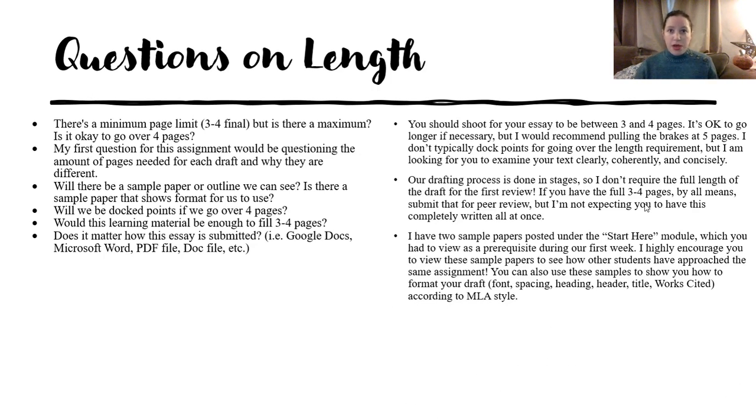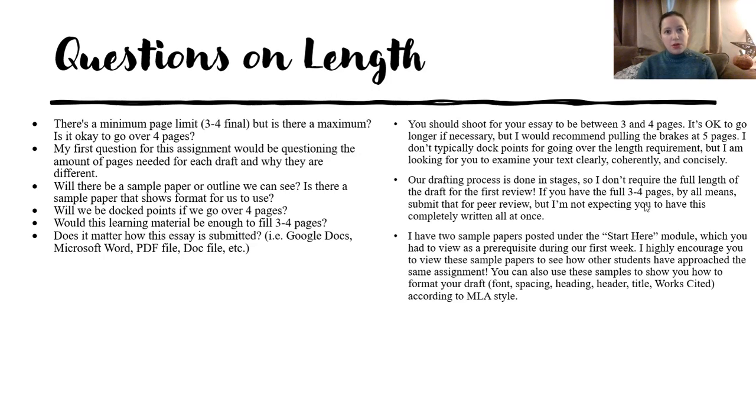And I do have our class set up to write in stages. So that means that your first rough draft, you only have to have 1 to 2, maybe 3 pages for that particular peer review assignment that's upcoming. By the second peer review, you should have your 3 to 4 pages so that you're more prepared to hand in that final draft at the full length required.